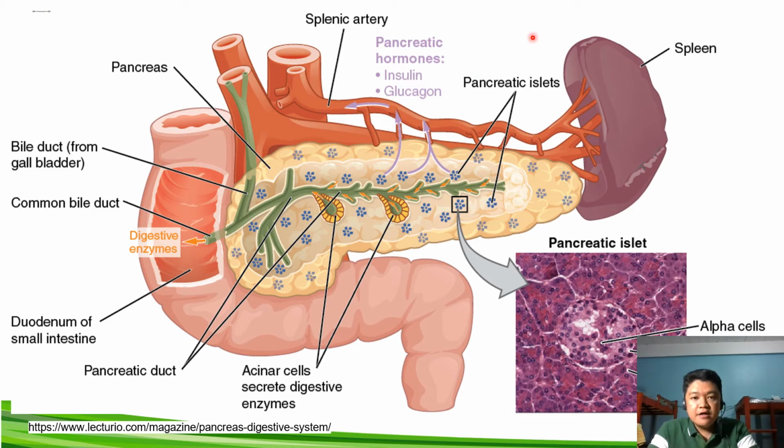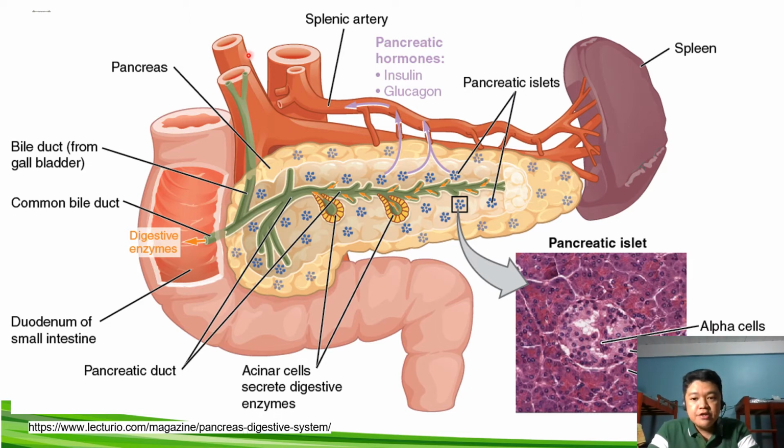And this duct is important because it joins the pancreas to the common bile duct. What is this common bile duct? The common bile duct is a part of the biliary system. This is a structure that will connect the pancreas to the gallbladder.